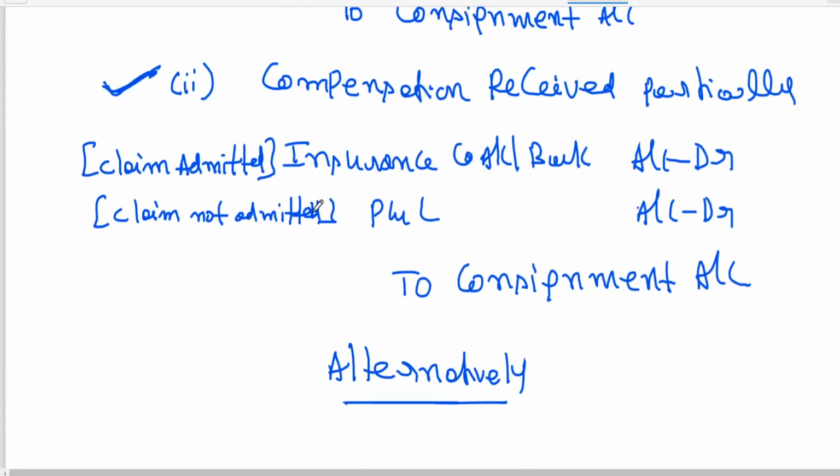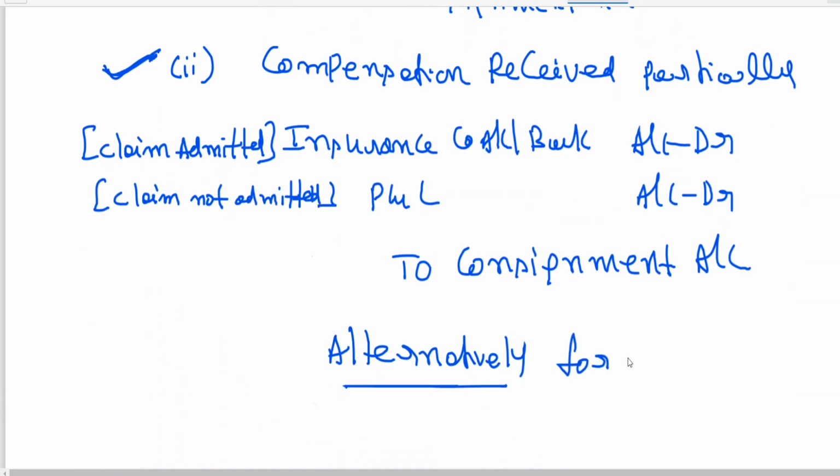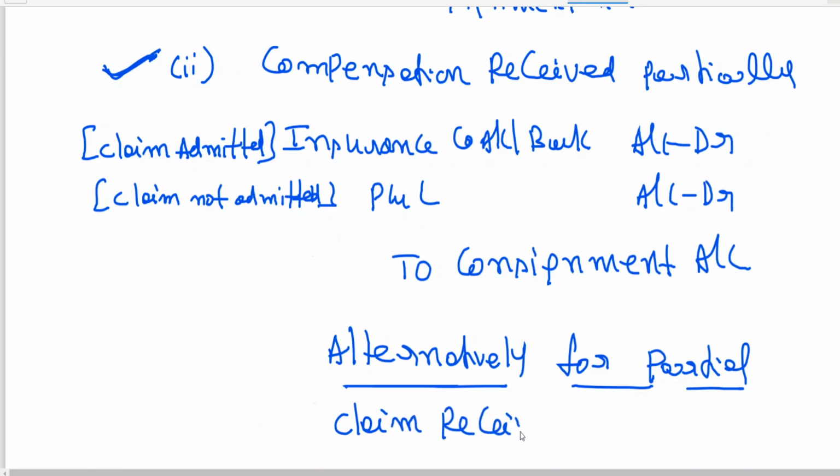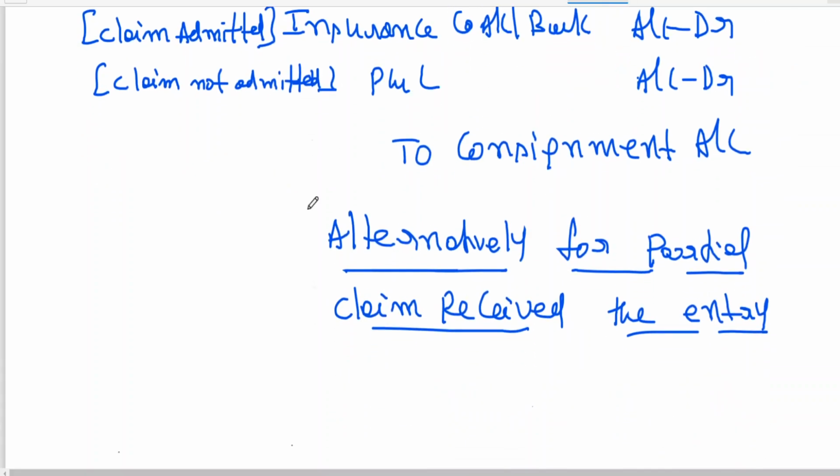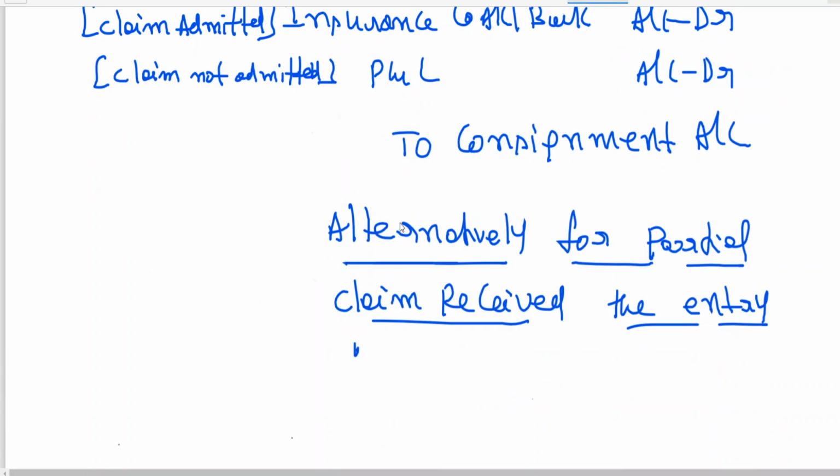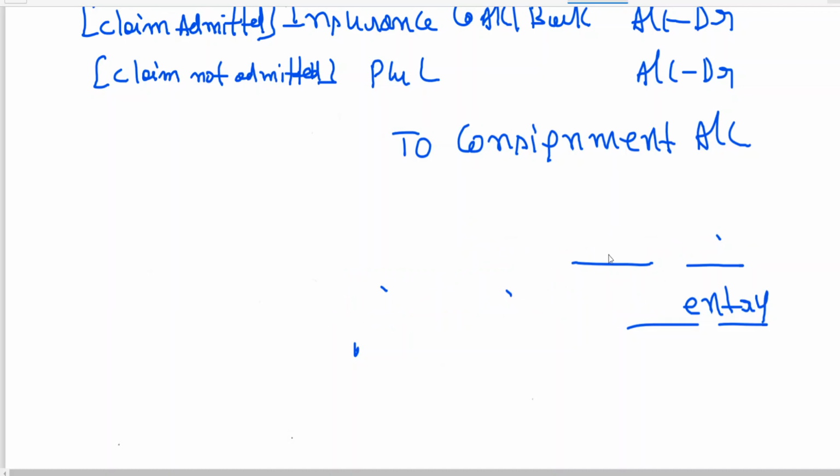Alternatively, for partial claim received, the entry will be... I'll do one thing for both.